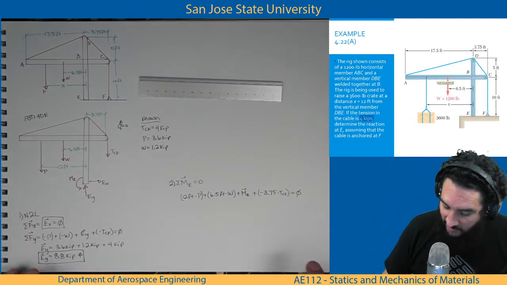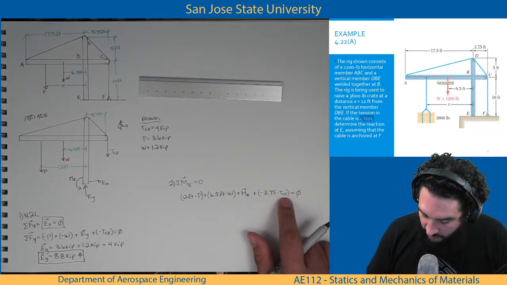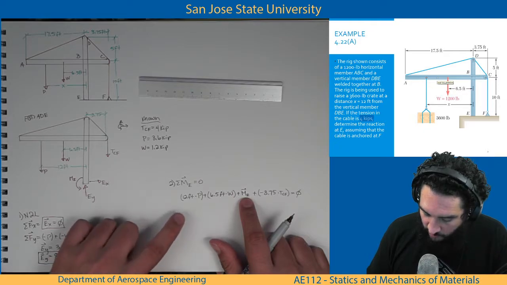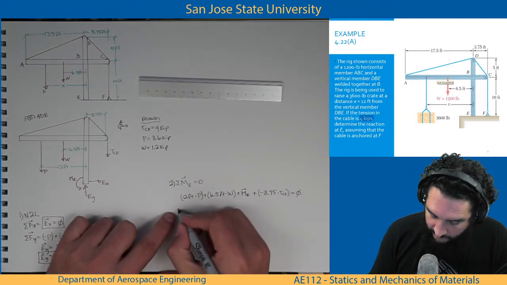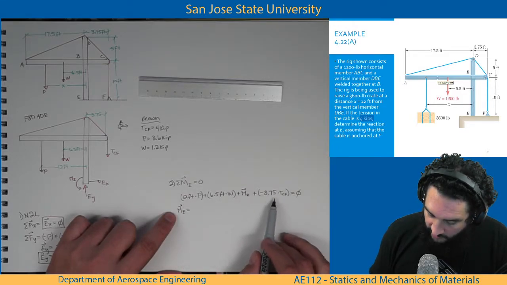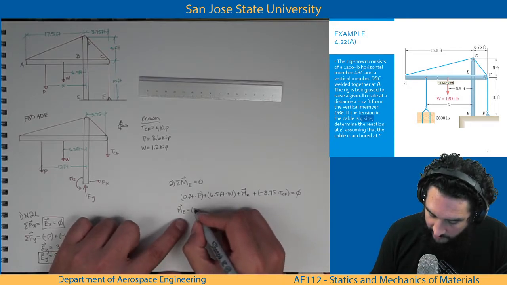Okay, so in examining our equation, we know P, we know W, we know TCF. We can solve for ME directly. ME is positive, so we'll remain on the left-hand side. This one is negative, so I'm going to move it to the right-hand side first, and it'll become positive.